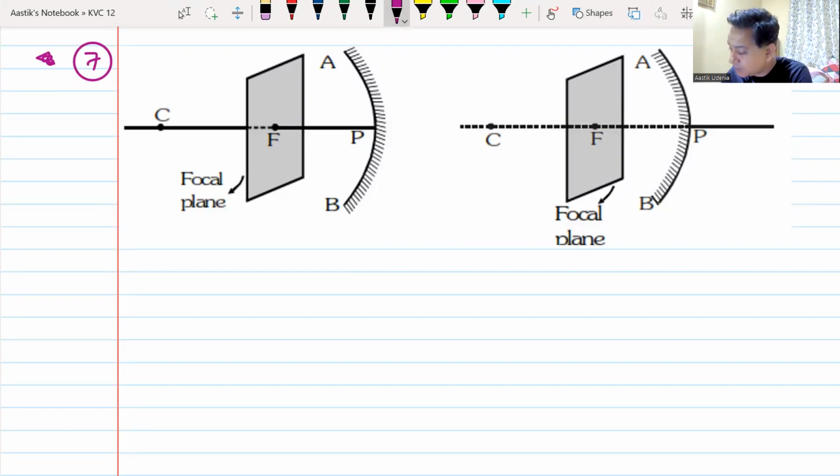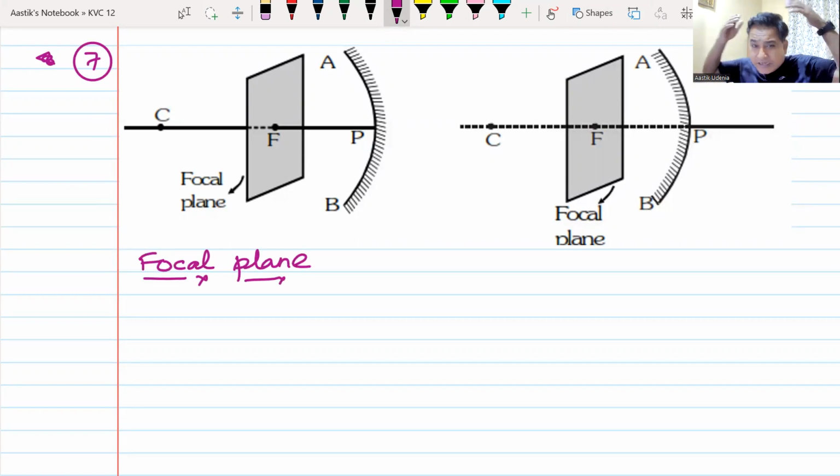It is the definition of the focal plane. What is the definition of the focal plane? The answer lies in the diagram as well as in the name of this particular thing. What is focal plane? It's simple. Plane on which the principal focus is present. Yes.